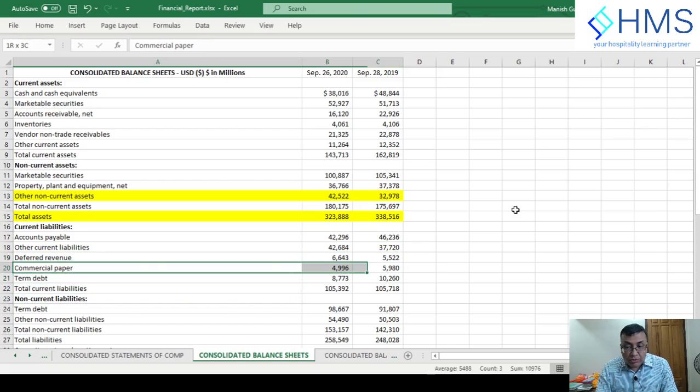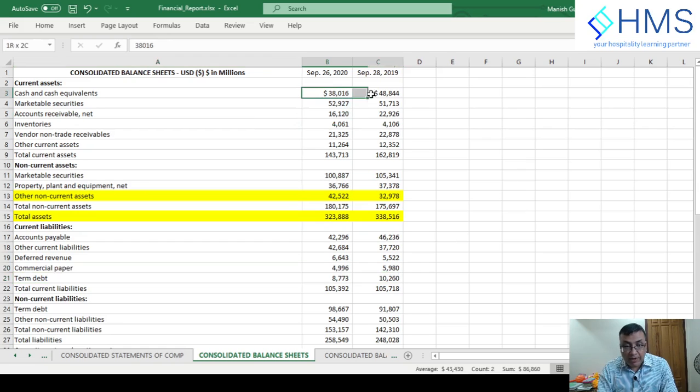The company also has some commercial papers and term debts, which, looking at the company's cash pile, marketable securities and investments, raises questions about why the company is still keeping the commercial papers and term debts, because on one side you are paying interest, and on the other side you are putting the cash in the bank, which may be the marketable securities, where the market return is much higher than on the commercial papers. That's why the company is keeping the trade securities. But it's hard to explain why the company is still keeping these things in its hands.